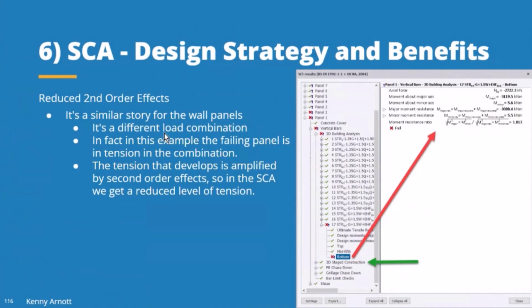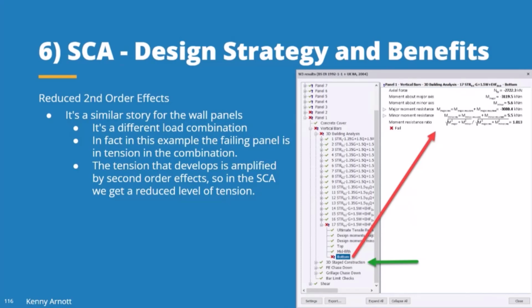I'll just start by saying it's a similar story for the wall panels. It's a different load combination that controls the panels that fail. In fact, it's a combination where the panels at the bottom of the core, as it's going over, you're getting a push-pull effect, a tension and compression effect at the base of the core.